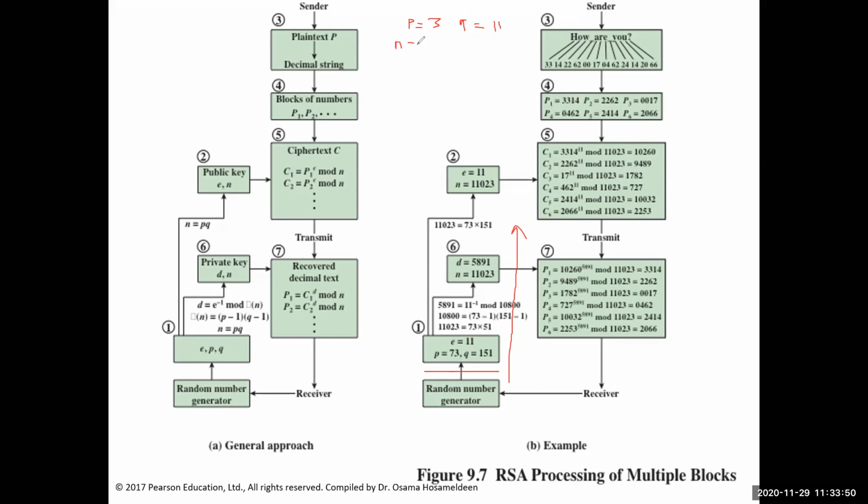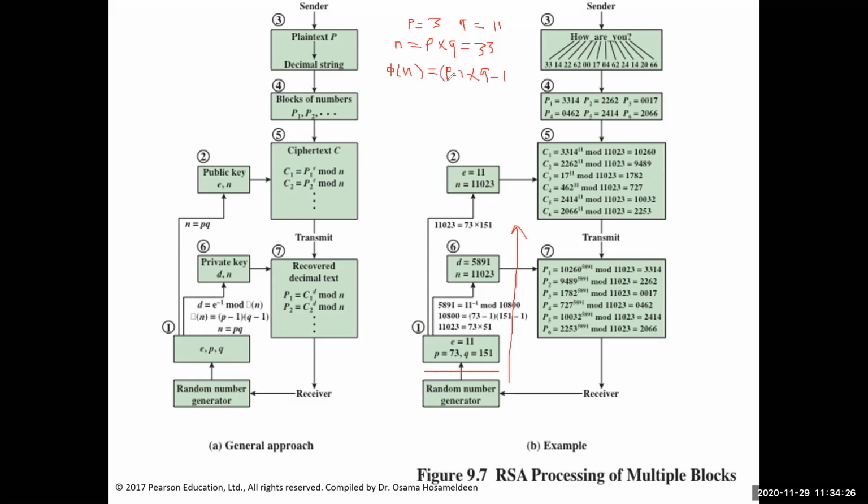N equals what? Equal p multiplied by q. This is n. N equals 33. 5n is what? 5n is easy because I know that the root values of P and Q are simply all numbers before P and Q. So it's just P minus 1 multiplied by Q minus 1.